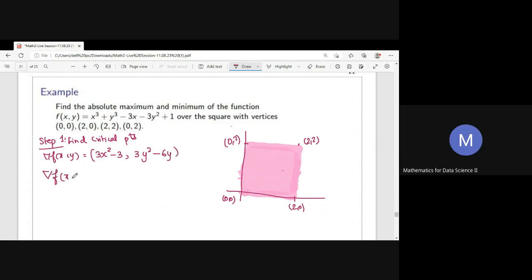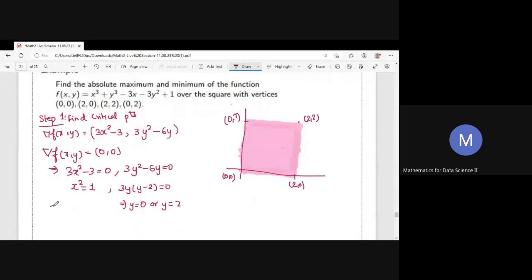If del f of x comma y is equal to 0 comma 0, this gives 3x squared minus 3 equal to 0 and 3y squared minus 6y equal to 0. So x squared is equal to 1, and 3 times y into y minus 2 equal to 0. This gives y equal to 0 or y equal to 2, and x equal to plus or minus 1.